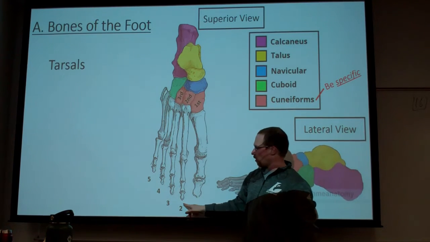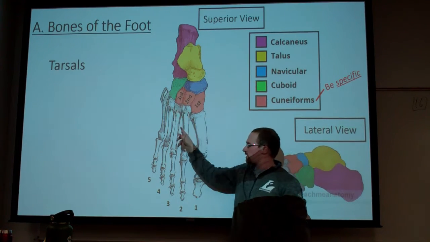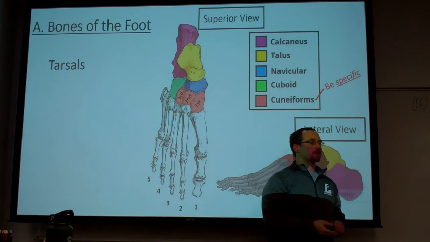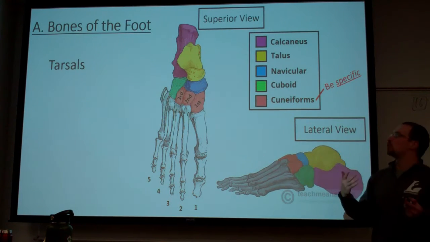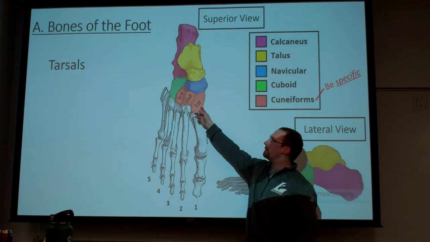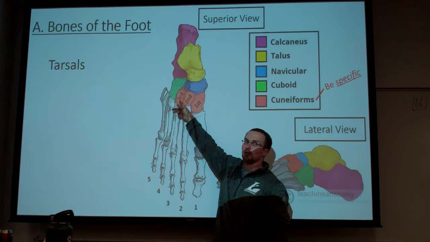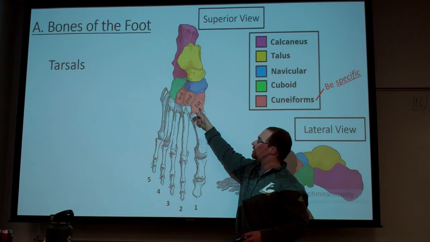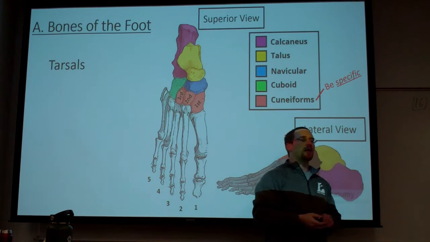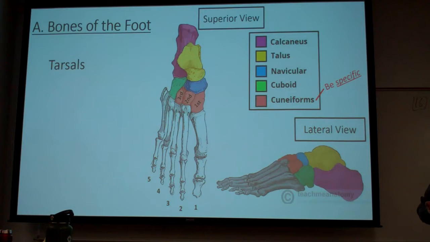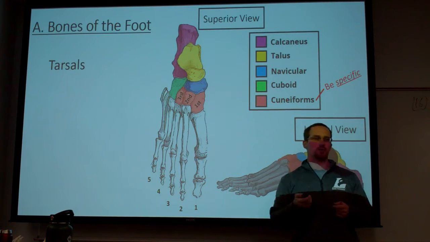The second cuneiform would be on the second toe. Third cuneiform would be on the third toe. Now, yes, you could alternatively call these the medial cuneiform, intermediate cuneiform, and lateral cuneiform. But frankly, I think first cuneiform, second cuneiform, third cuneiform is a little bit easier to remember. So those are all the tarsal bones of your foot.